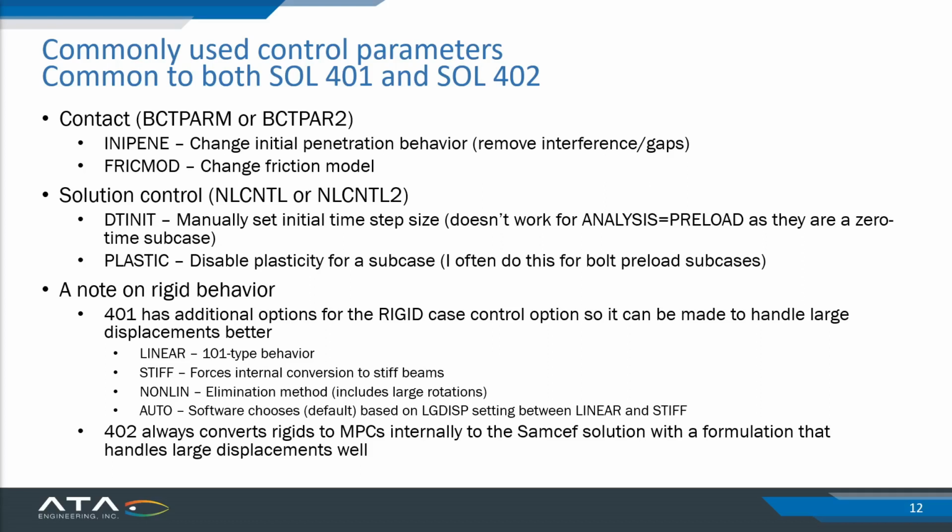There's stiff, which forces an internal conversion of your rigid element to a stiff beam that it calculates the stiffness of based on the overall stiffness that it's seen in your model.